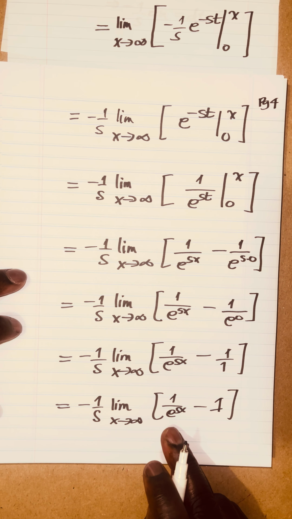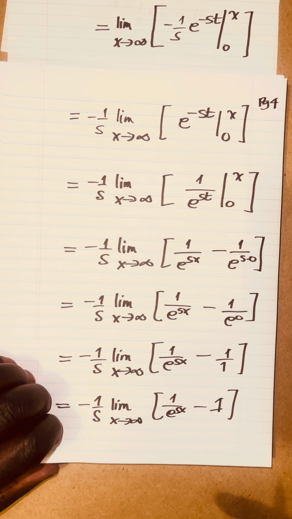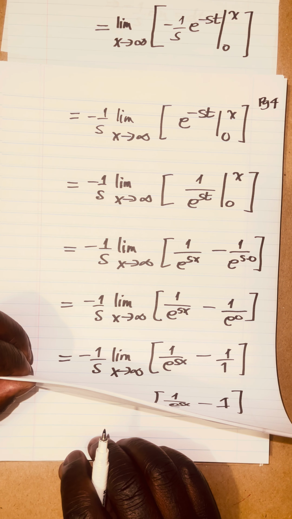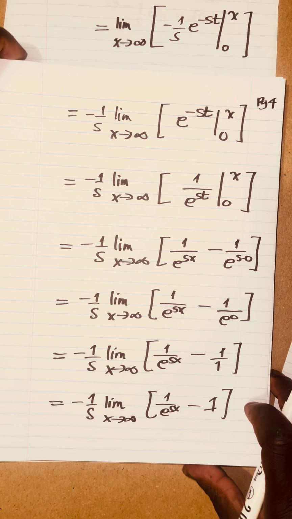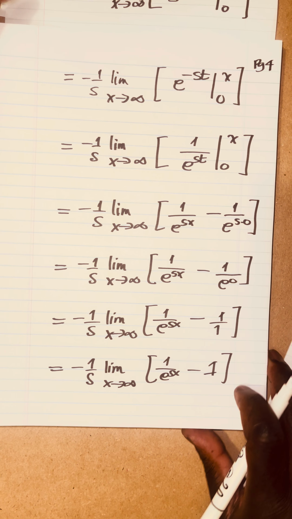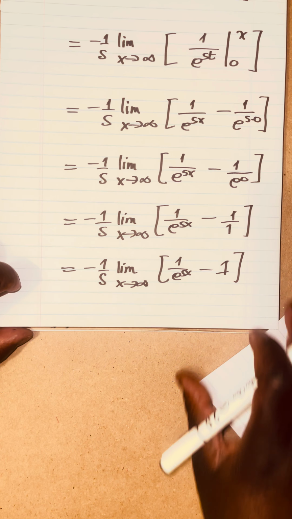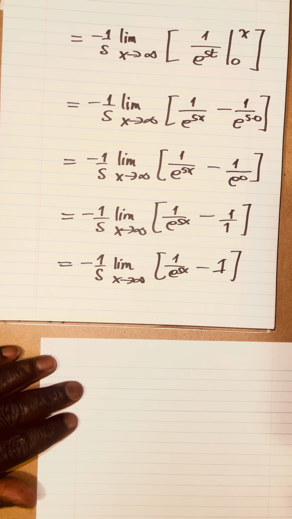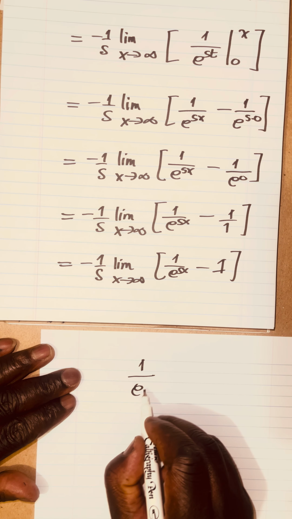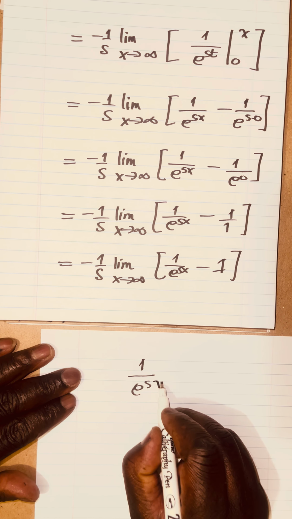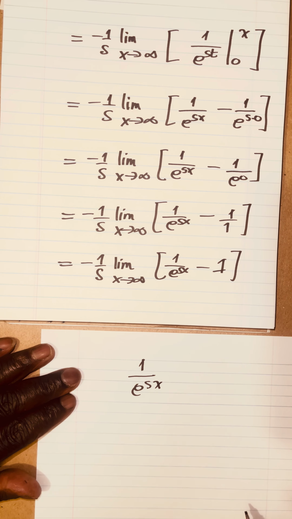Now, I want us to look at this expression here, because many students were telling me, please work on the Laplace transform, especially the limit part. We do not understand how it works. So now I want to show you something here. I want us to look at this expression, 1 over e to the power sx. Remember, s is a complex variable, a complex number.